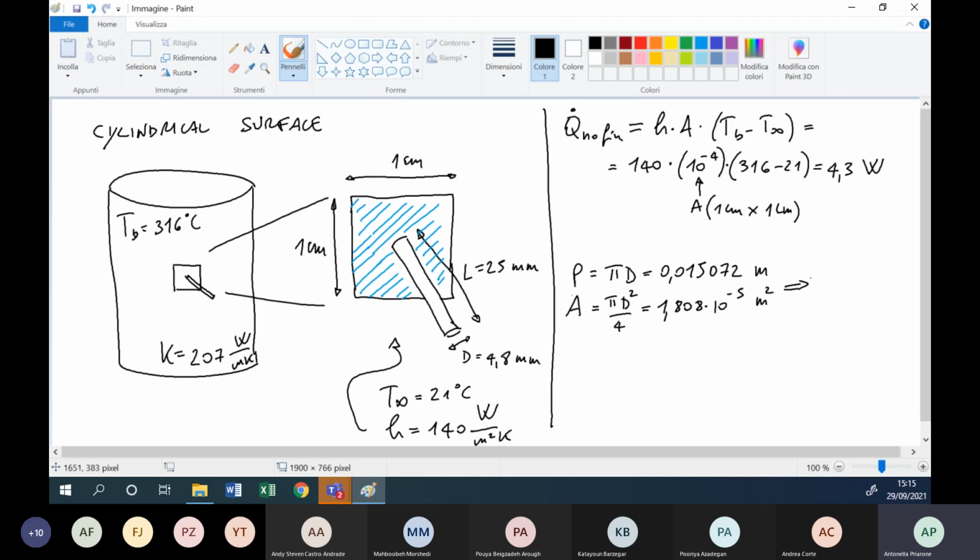As a consequence, I can estimate m, that is equal to square root of hP divided by kA, 23.74 meter minus 1, and so mL is equal to 0.59.